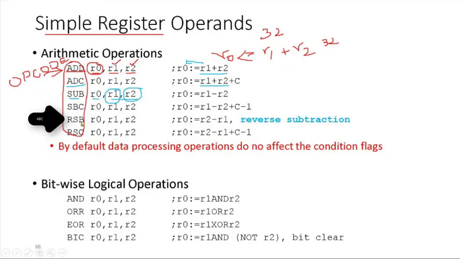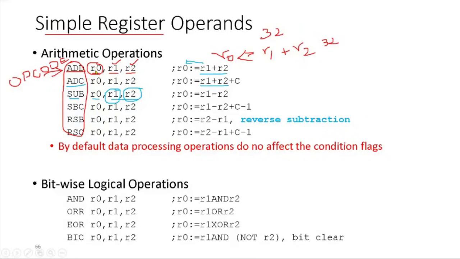Now we see this RSB instruction. This is the interesting instruction. This is reverse subtract. What is reverse subtract? What we have done in subtract is R1 minus R2. In reverse subtract, just the reverse is happening: R2 minus R1, and the result will be stored back in R0. And it is not always R0, R1, R2. We can use any registers available in the ARM processor.